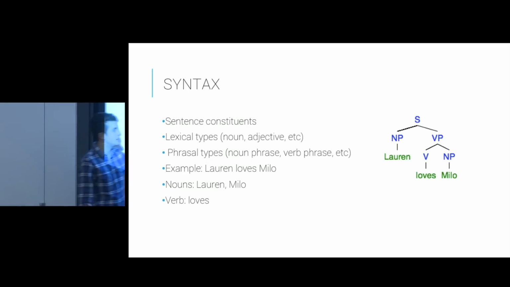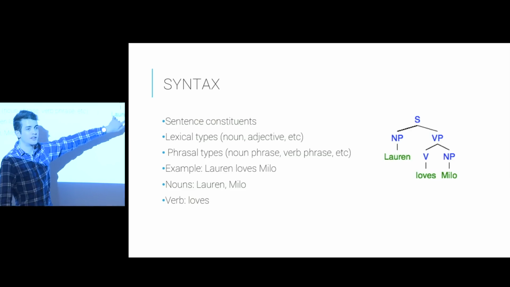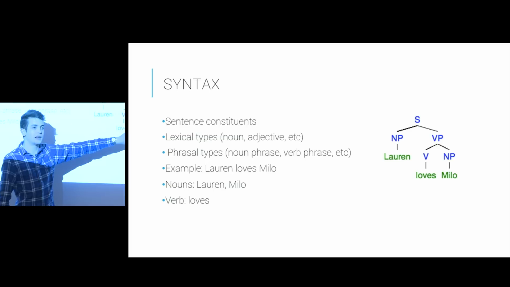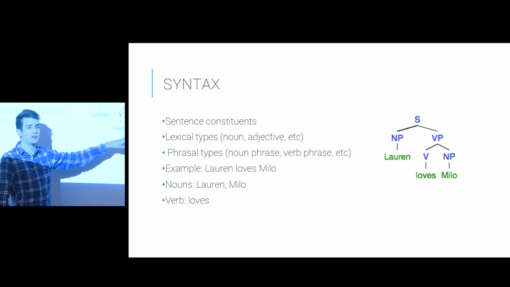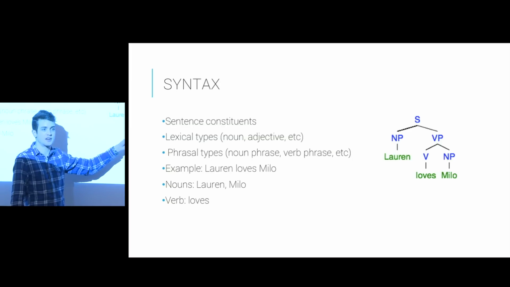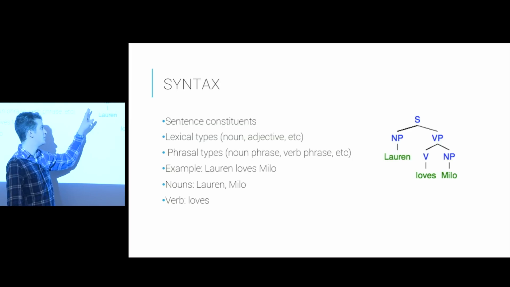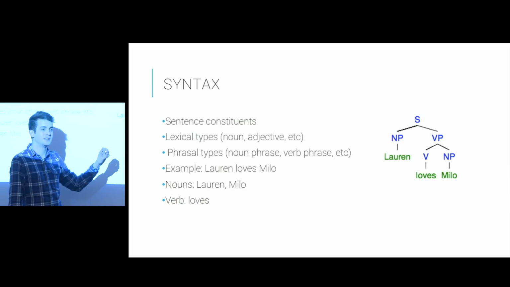If I say, for example, "Lauren loves Milo," I know that Lauren is a constituent, and "loves Milo" is also another one, because you cannot say "Lauren Milo loves" and have the same meaning. Or I cannot say "Milo Lauren loves." Not everything has the same meaning.